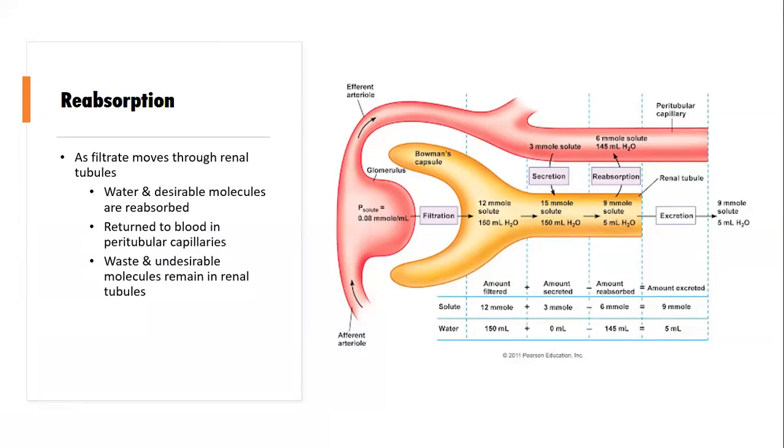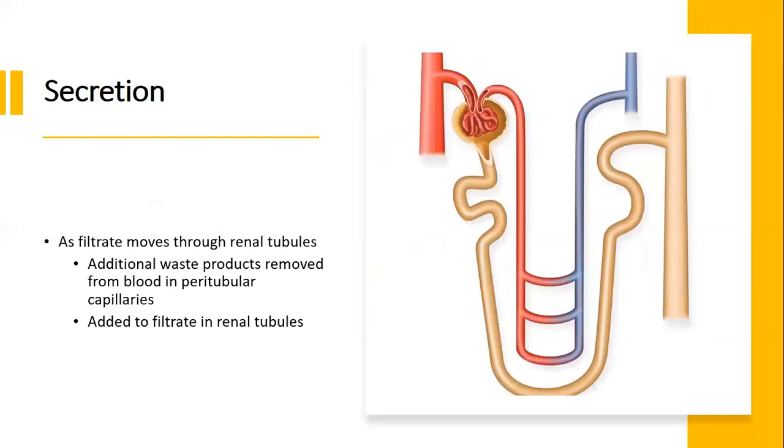So after 150 mL of filtration through the Bowman capsule, only 5 milliliters go through urine excretion. As filtrate moves through the renal tubules, additional waste products are removed from the blood in the peritubular capillaries and added to the filtrate in the renal tubules.